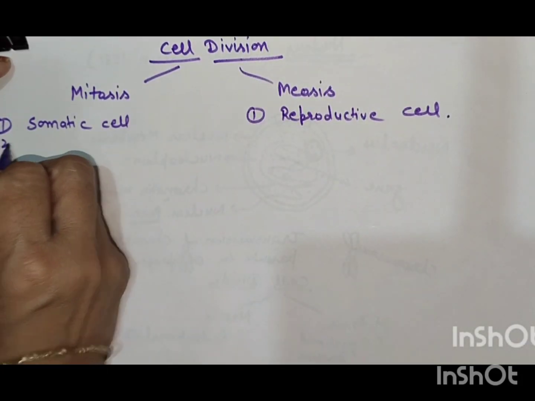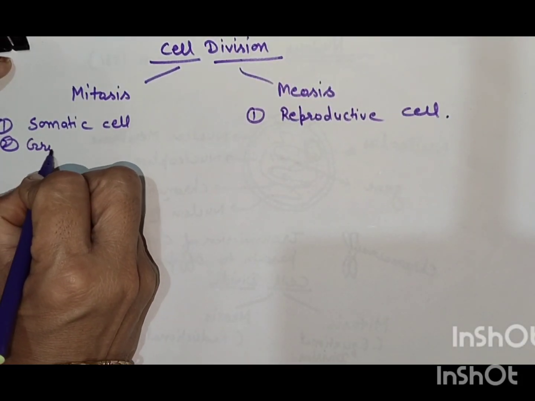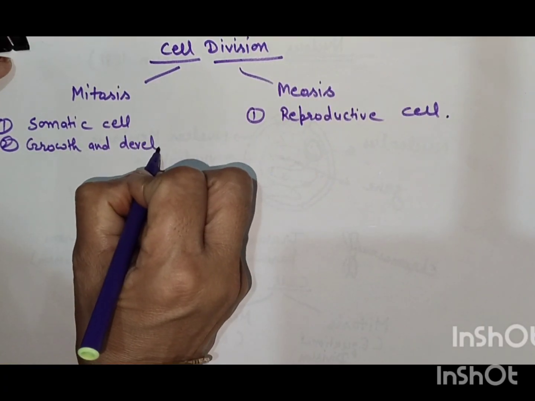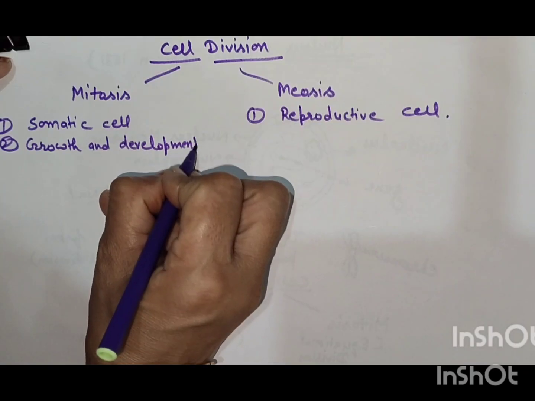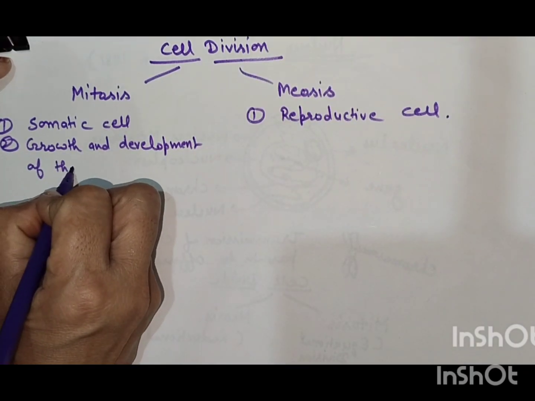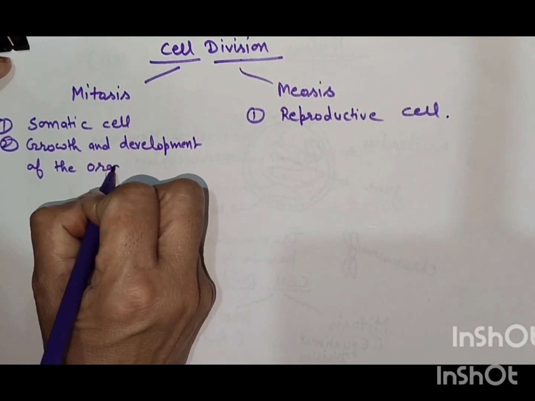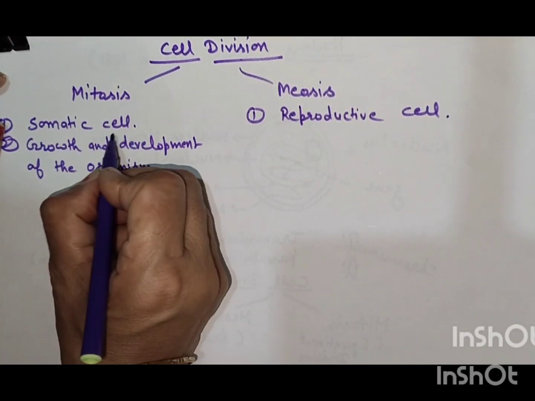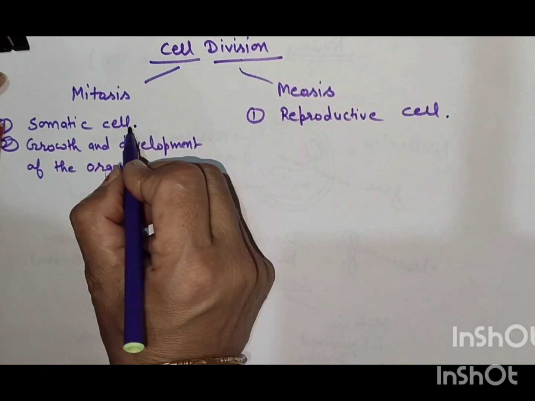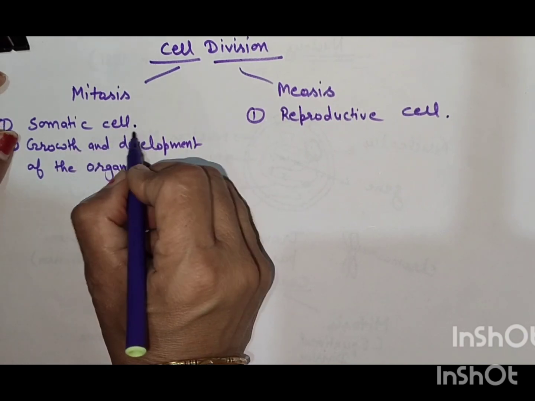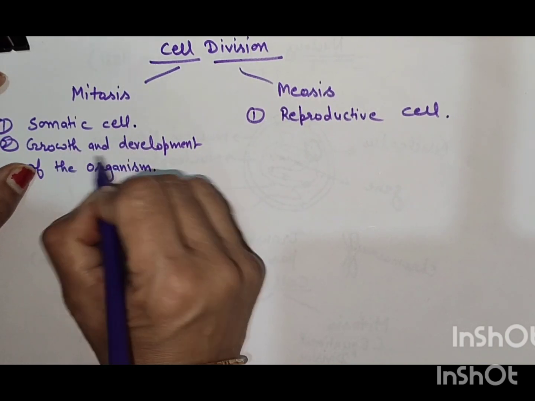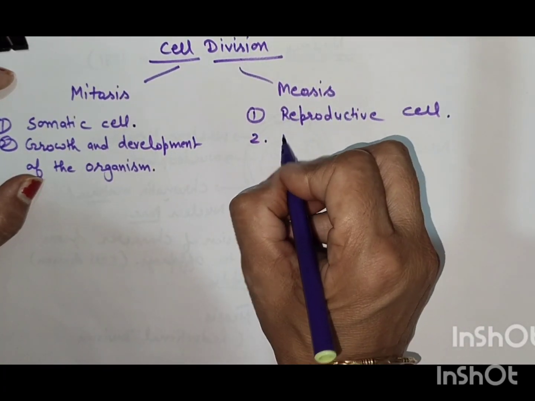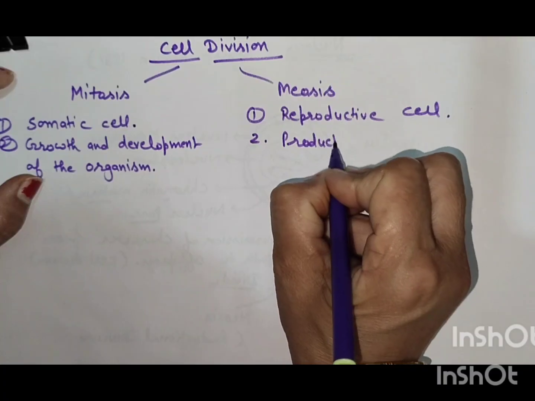Somatic cell means it helps in the growth and development of the body or organism. Somatic cells are simple cells, and these cells are present in the whole body and help in the growth and development of the organism. Meiosis results in the production of gametes.